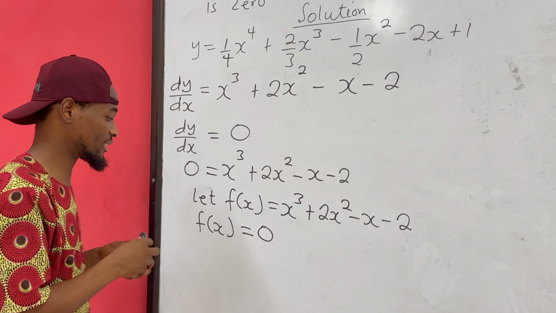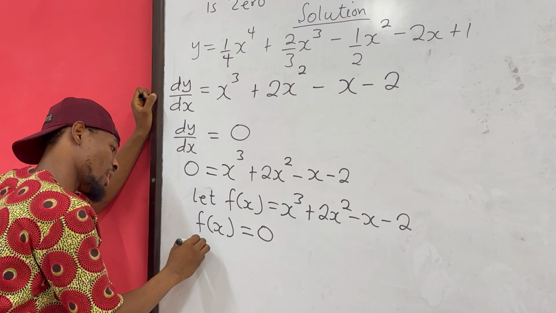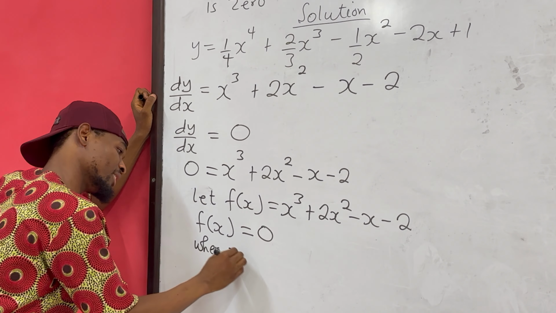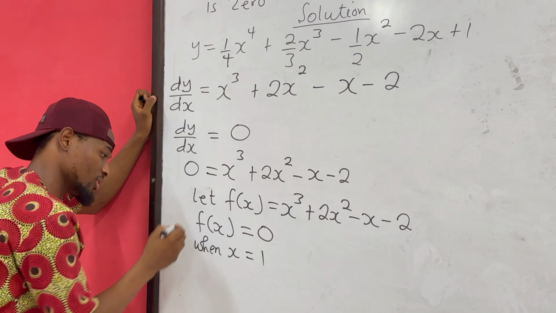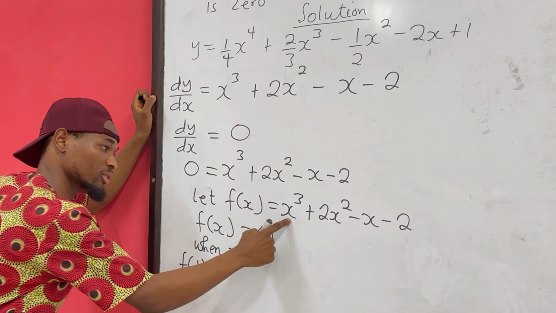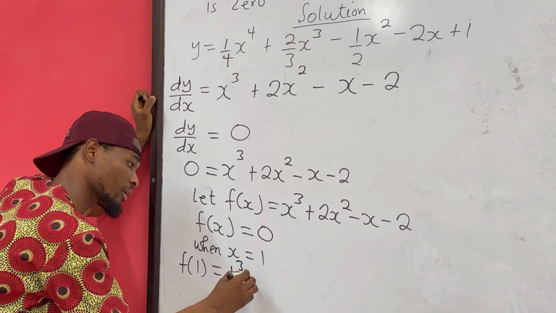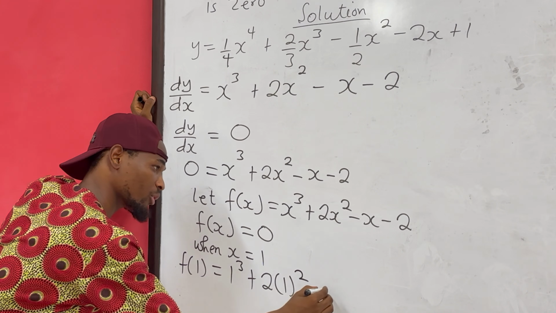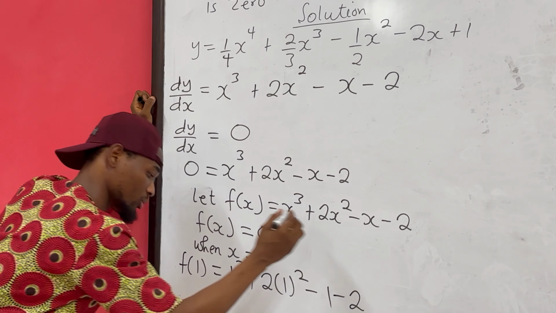So let's say when x is equal to 1, let's start with 1. So my f of 1 equals 1 cubed plus 2 times 1 squared minus 1 minus 2.